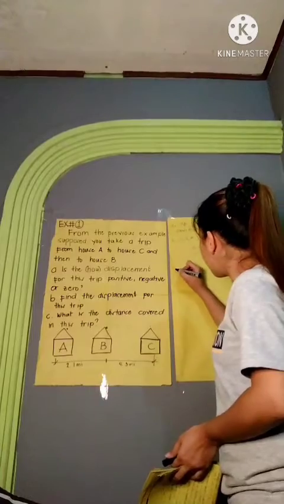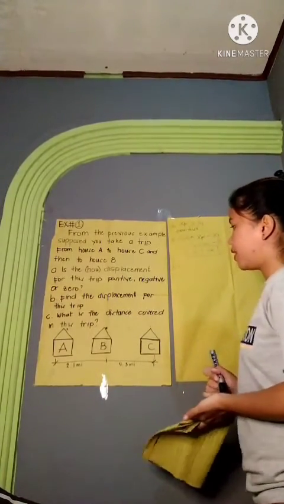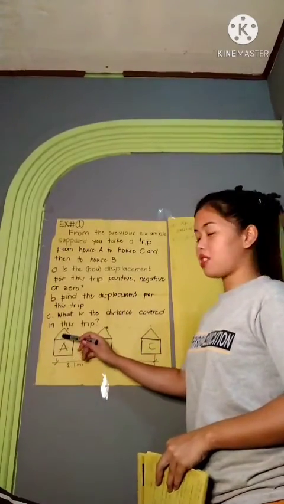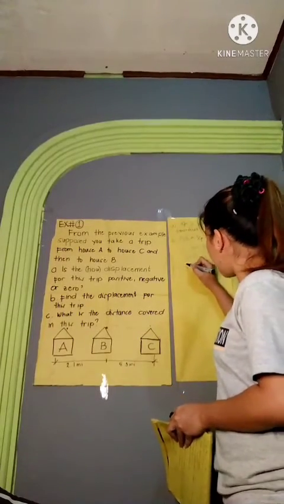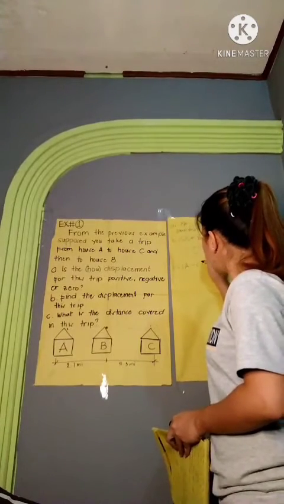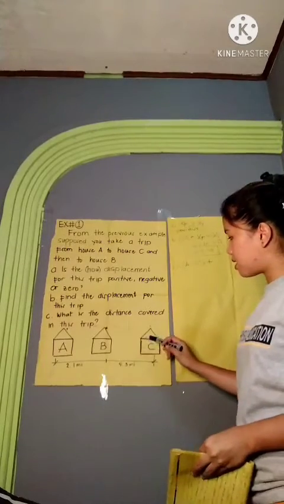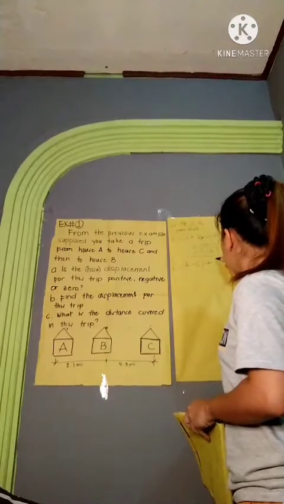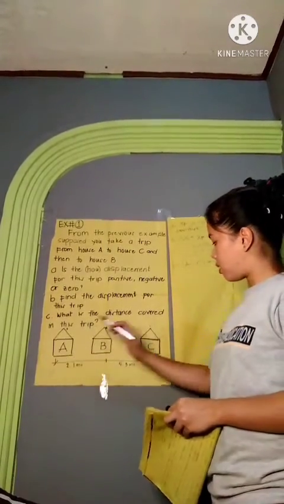Letter C. What is the distance covered in this trip? From house A to house C, kukunin natin yung distance niya, A to C, plus yung distance ng C to B. Ano ba yung distance ng house A to house C?